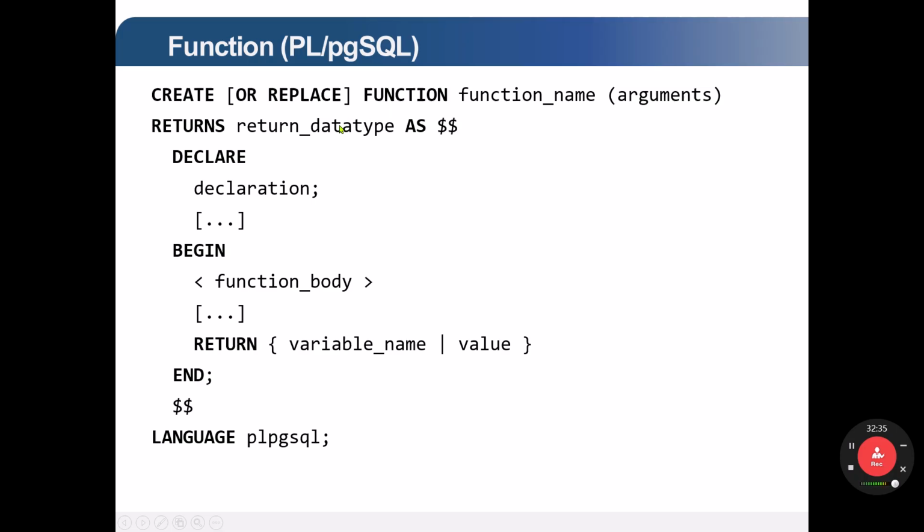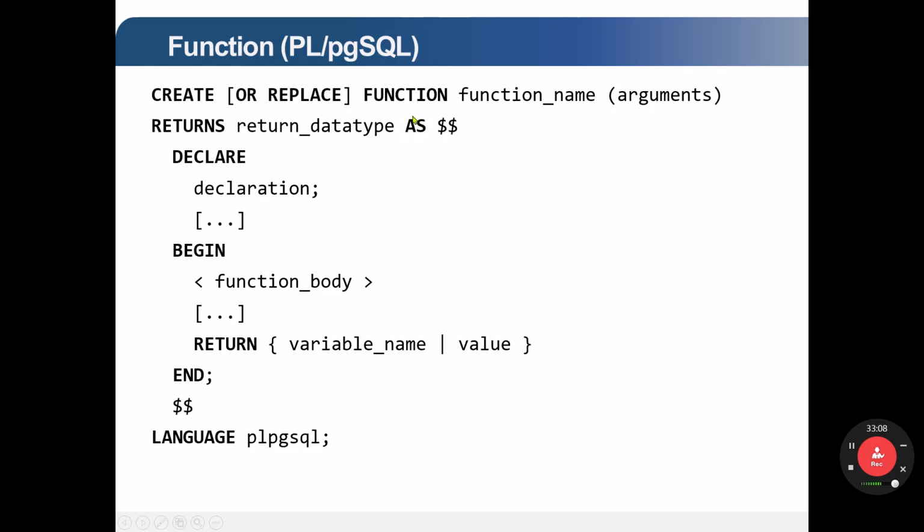If your program doesn't return anything, this should be changed to procedure. Then usually the function name follows, and the function arguments should follow. The returns keyword specifies what is returned from this function. You can return a scalar value. You can return a table. I have some examples in later slides, so we will see those examples later.